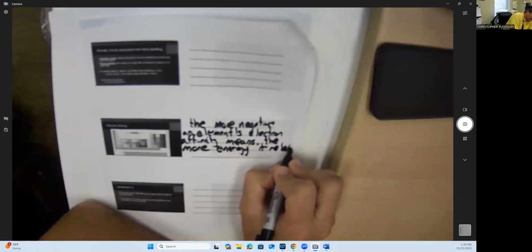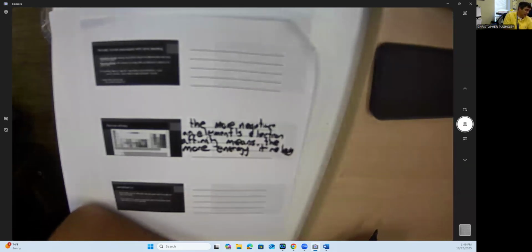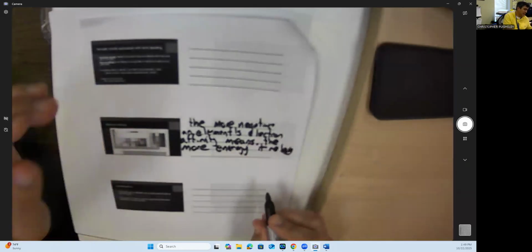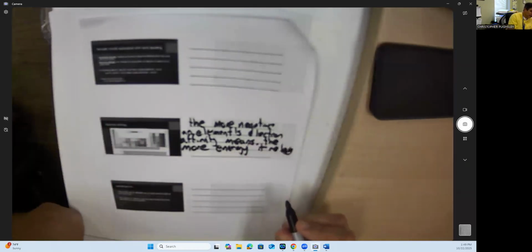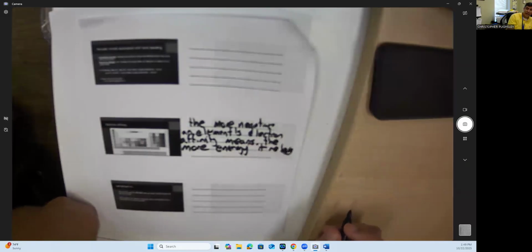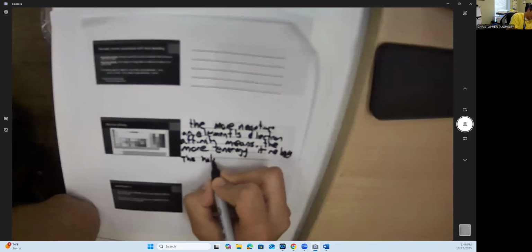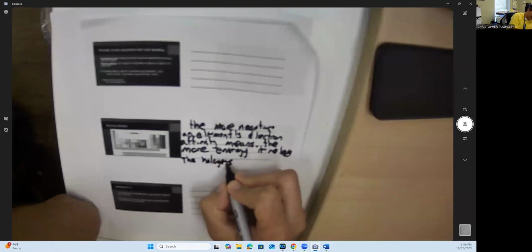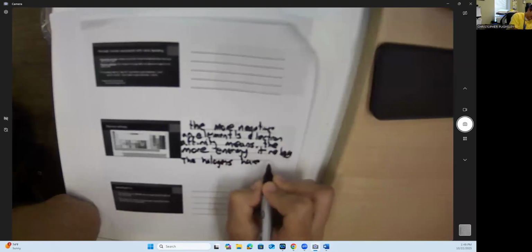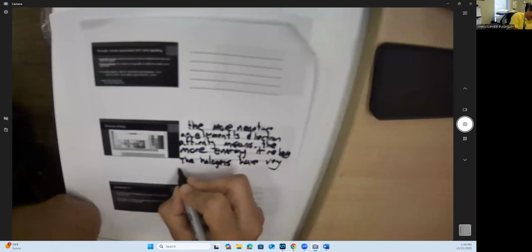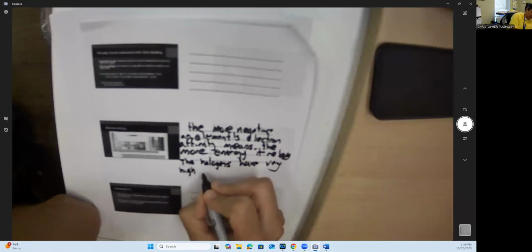And if you remember, which ones had high electron affinity? The halogens, group 17, fluorine. Halogens have very high electron affinity.